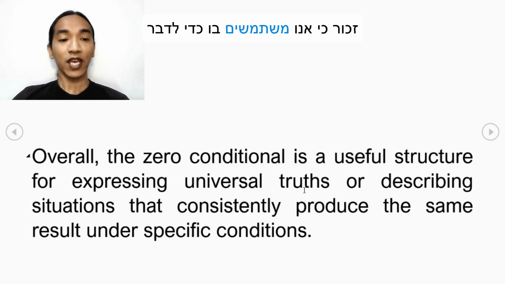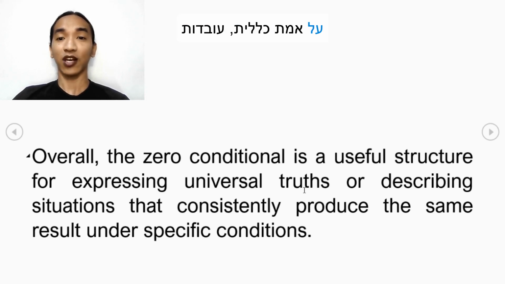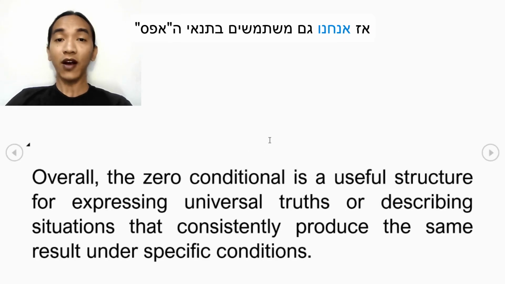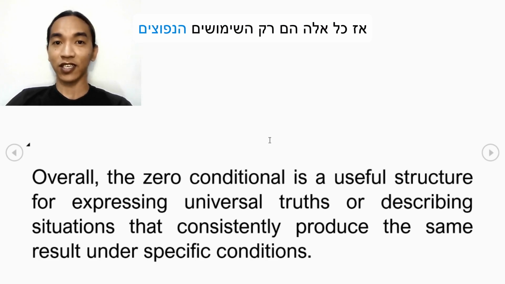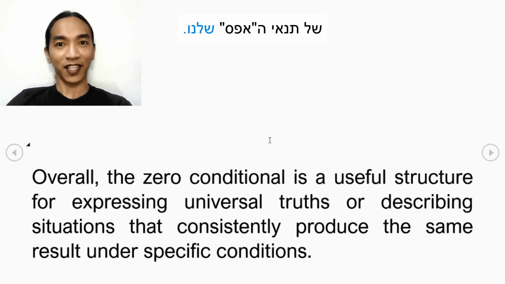Remember that we use it to talk about general truth, facts, or cause and effect that have an expected or predictable outcome. We also use the zero conditional to give instructions or provide general advice. All of these are just the common usages of our zero conditional.